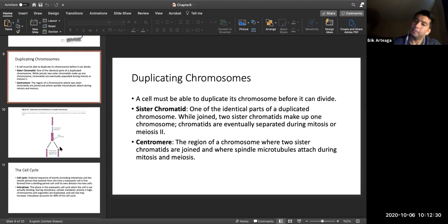So we do have something called sister chromatids. Yeah, they're homologous pairs. So homologous pairs, remember, you have 23 pairs, one from your mom, one from your dad, okay? And it's important that you note the differences, and you're able to describe that, right?